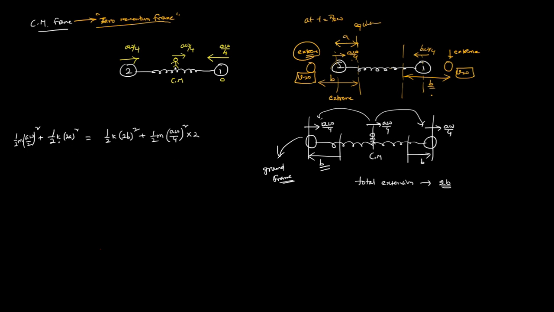So from this we can try and relate the a and b values. So you can cancel half everywhere. So if you want, you can solve this mathematics on your own. Okay, half we cancelled out, 4k a square is equal to 4k b square plus m a square omega square by 16 into 2, it will be 8.